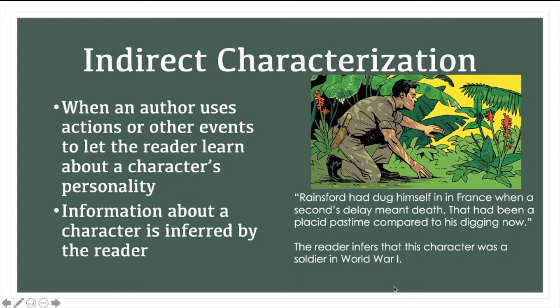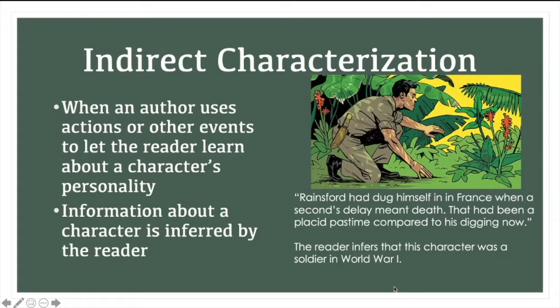So here's another example that is also from our story, The Most Dangerous Game. "Rainsford, that's one of the characters in our story, had dug himself in France when a second's delay meant death. That had been a placid pastime compared to his digging now." So this talks about him digging, and it talks about him digging in at France.